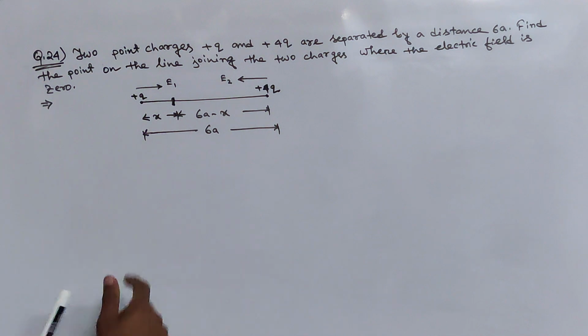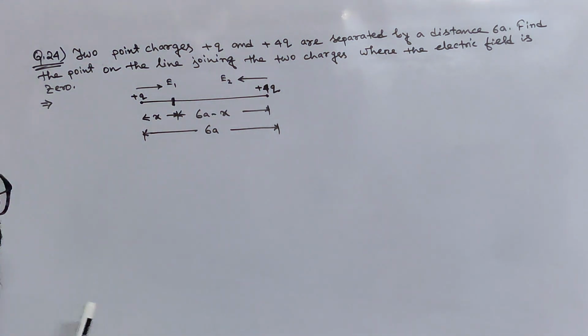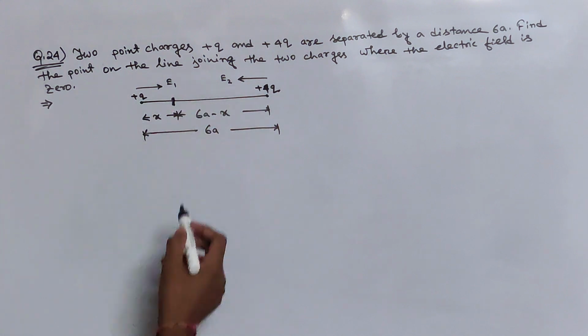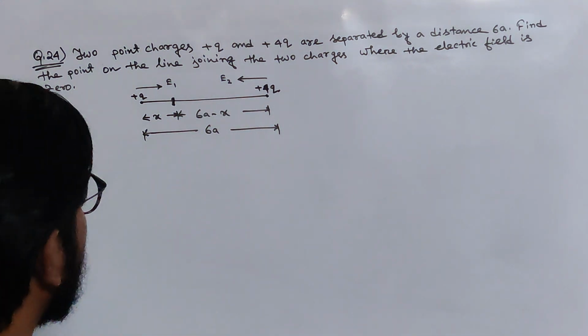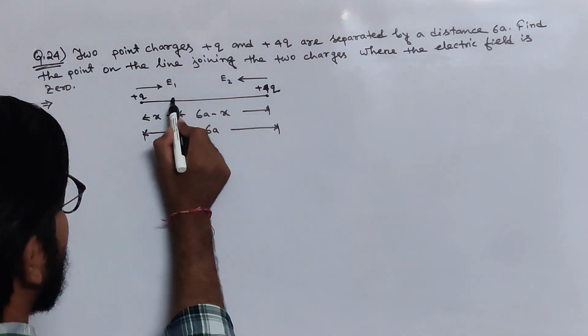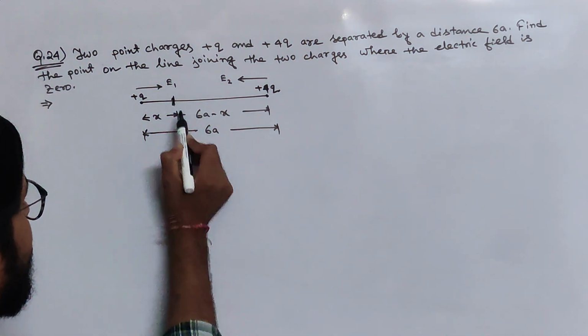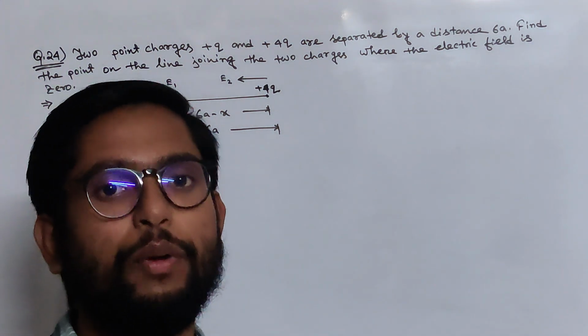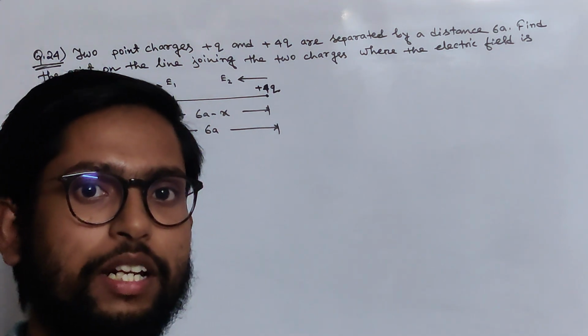See, this plus q and plus 4q, if I want to find the electric field due to plus q and plus 4q, then the electric field due to plus q, if it is E1, and due to plus 4q it is E2, then at a particular position the strength of the electric field E1 and E2 will be equal and in opposite directions.